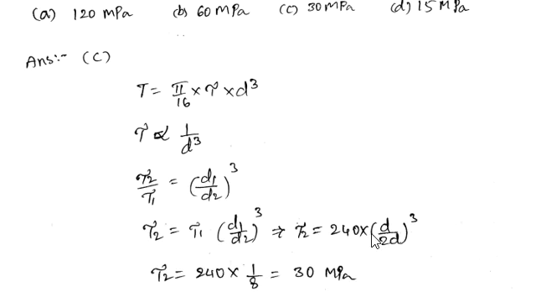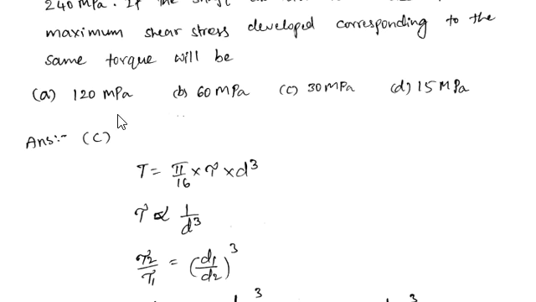Initially if you assume d is the diameter, in the second case diameter is double, means 2d, and if you simplify that, it is 1 by 2 whole cube, or 1 by 2 cube is 1 by 8. So 240 into 1 by 8 here, so that will be 30. So here tau 2, means shear stress in the second situation, when the diameter is doubled for the same torque, the shear stress will become 30 megapascals. So here option C is the right option.